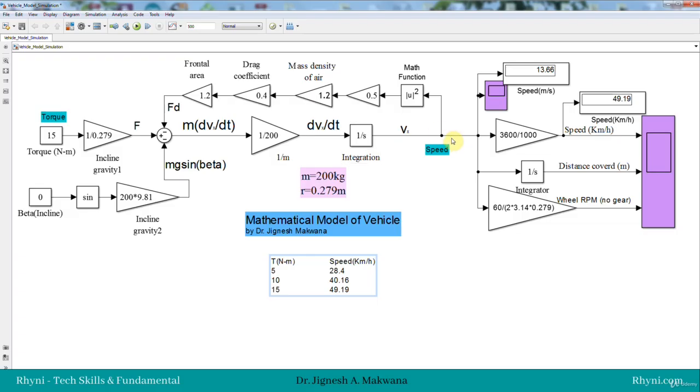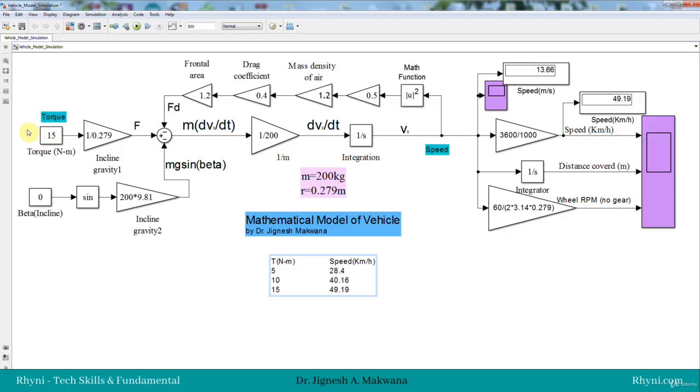So this is the output in terms of speed. Acceleration performance and distance traveled we can also predict, but the main important things we are interested in are the maximum speed and the acceleration of the vehicle. And this torque is generated from the electric motor. In the section on the electric drive, we will discuss the torque speed characteristic of the electrical motor and system level simulation of the electric motor that can generate this torque.